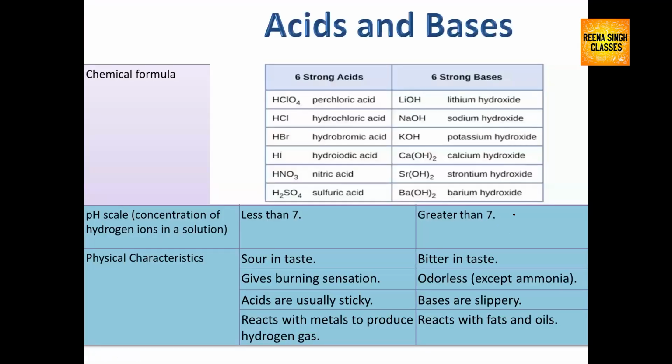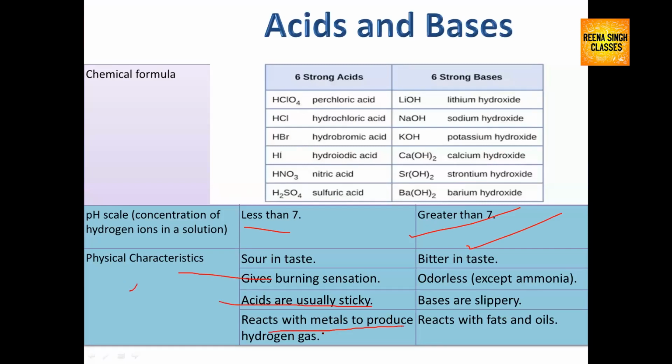A few examples of strong acids and bases are given here. On the pH scale, acids have pH less than 7 and bases have pH greater than 7. Now the physical characteristics of acids and bases. Acids are sour in taste and give a burning sensation. Acids are usually sticky.